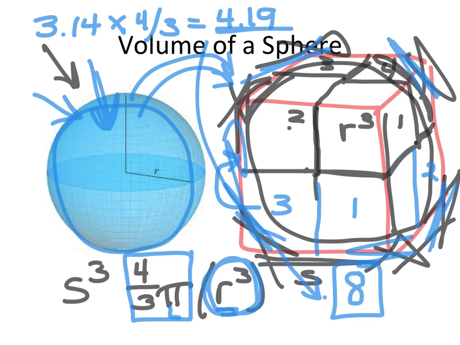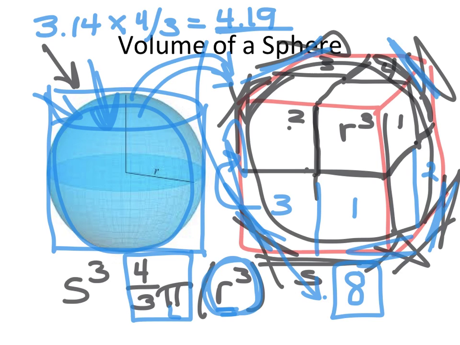Another interesting relationship just to think about is this. If we put the sphere inside a cylinder that was the same size or close to the same size, we also find something very interesting. We find that the sphere takes up 2/3 of the space of the cylinder.